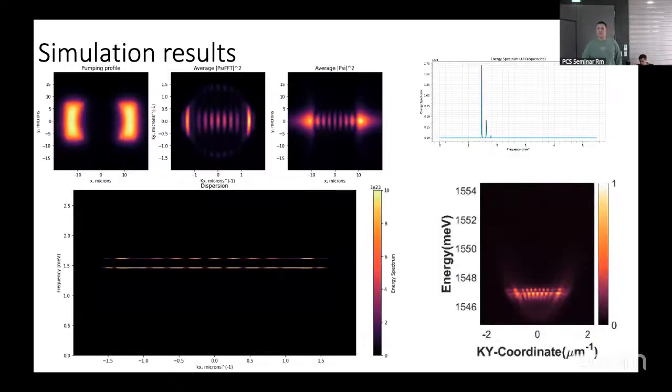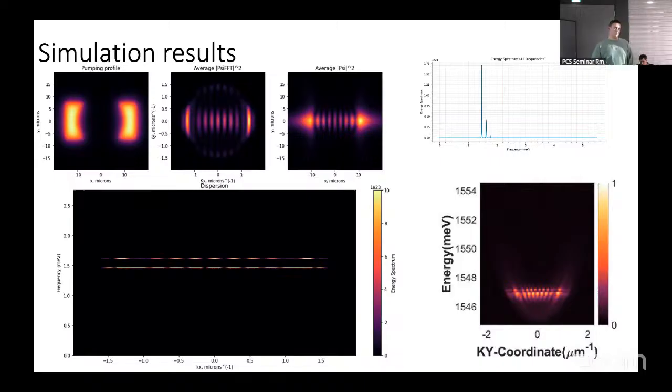Okay, so let me show you some simulation results. For example, this picture should be compared to one that I showed you from the experiment. Here is the pumping profile used in the simulation, and after that, here is the averaged wave function, the polariton density in real space. Of course, we can apply a Fourier transform to go to K space, and as you have time evolution, you can apply another Fourier transform to go to frequency space.